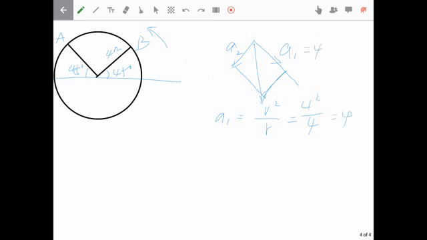And then we know the tangential acceleration here is 3 meters per second squared. Wait, shouldn't that be A2? Yeah, A2 is 3. That's right.